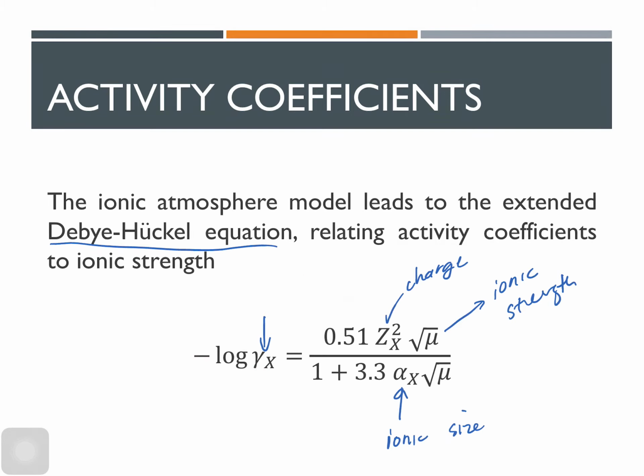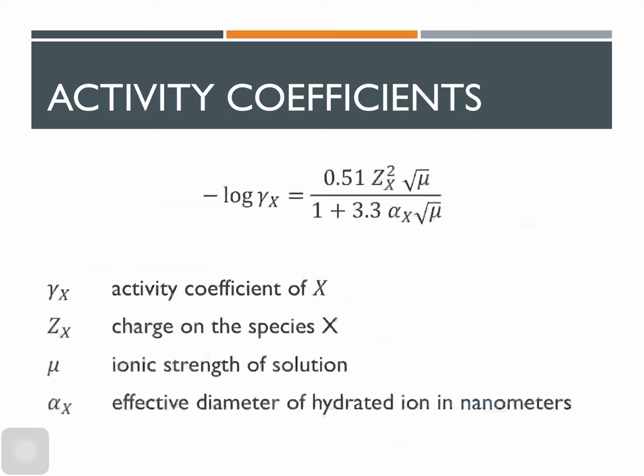This is the more detailed slide. To solve for gamma x, or the activity coefficient of the substance, we have to know the charge of the species X, or the charge of the ion that you are concerned with, the ionic strength of the solution, which we know how to solve for, and the effective diameter of the hydrated ion in nanometers.